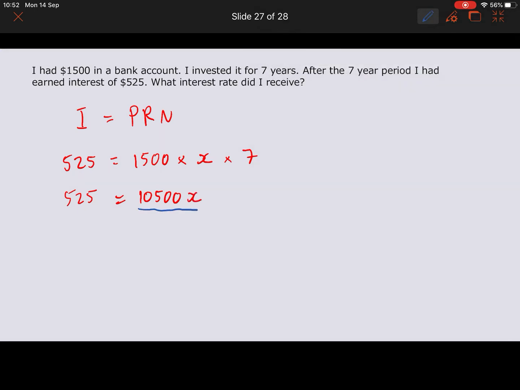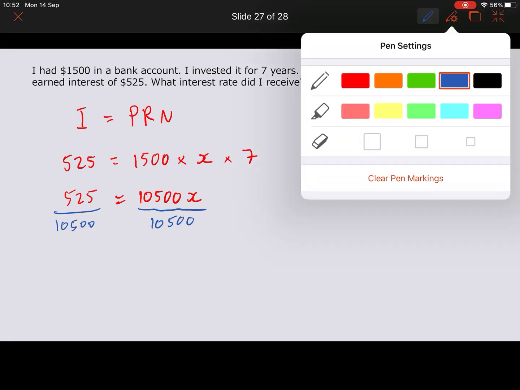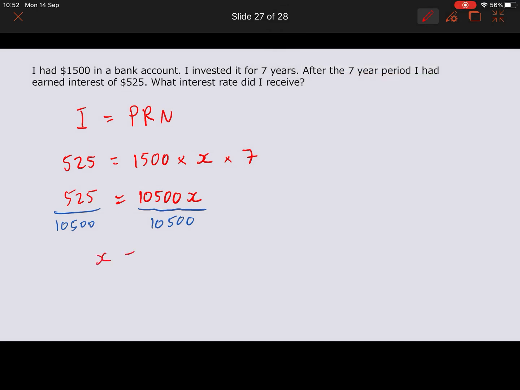Okay, so we're going to do 525 is equal to, simplify the right hand side, 1,500 times 7 is equal to 10,500X. Okay, simple equation to solve, divide both sides by 10,500.